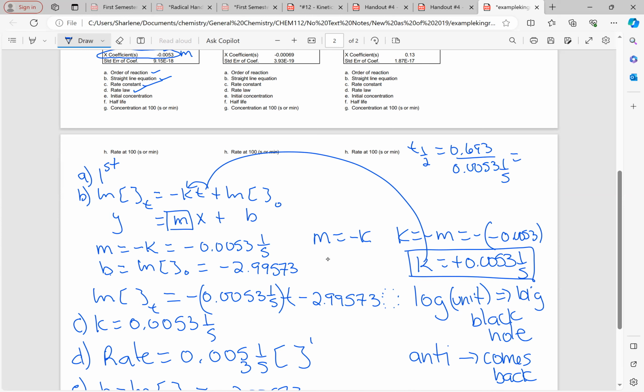And my unit is going to come out as seconds, which is what I was looking for, time. So 0.693 divided by 0.0053, and I end up with, again, not to correct sig figs, 131 seconds. So it's going to take 131 seconds for half of this to be gone.